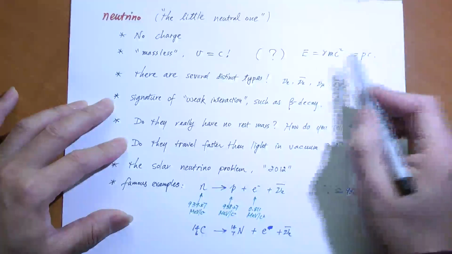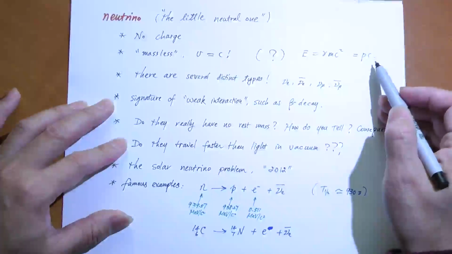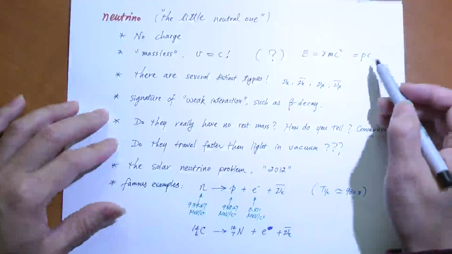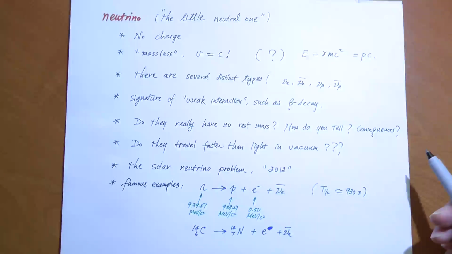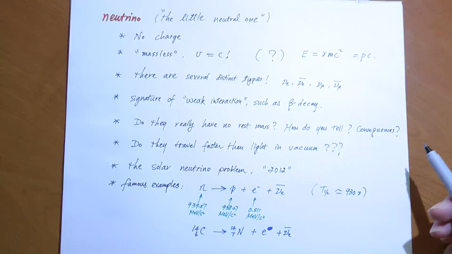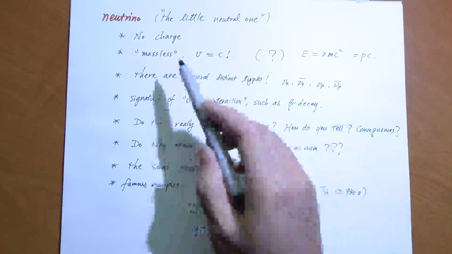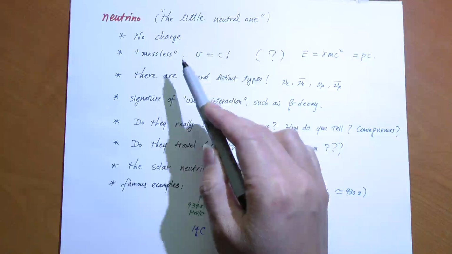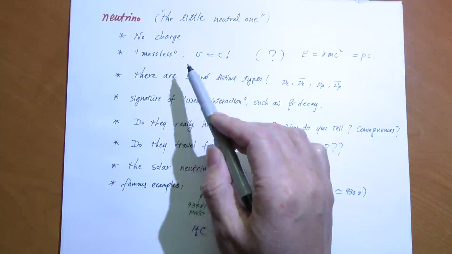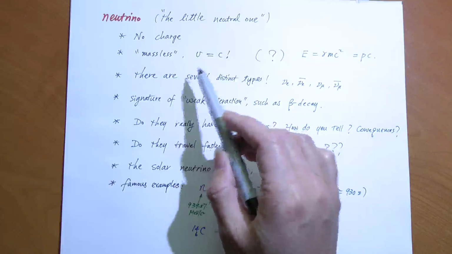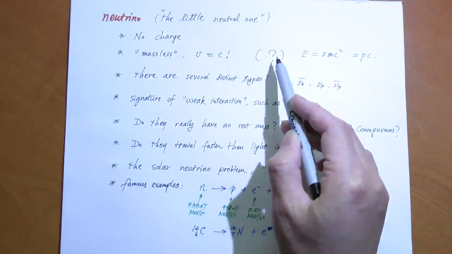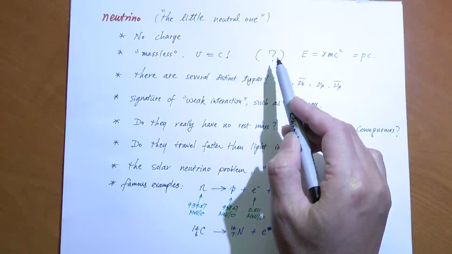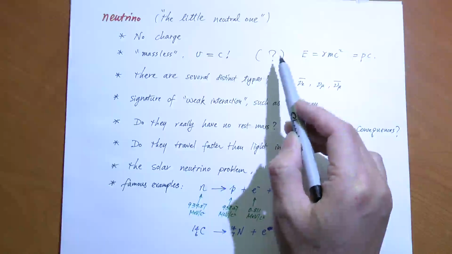This is the energy-momentum relationship, the so-called dispersion relationship for this relativistic particle. So besides photons, we know there is at least another type of particle that also travels at the speed of light, and that's the neutrino. At least that's the first assumption that people made in order to explain the properties of beta decay. I put a question mark here because there are debates going on as to whether neutrinos are truly massless.